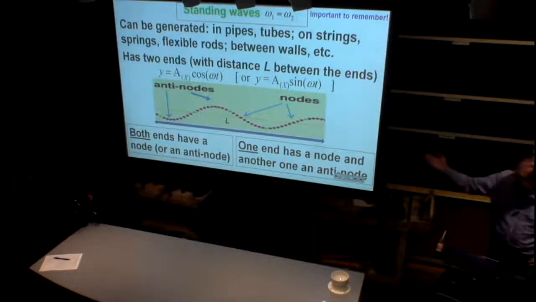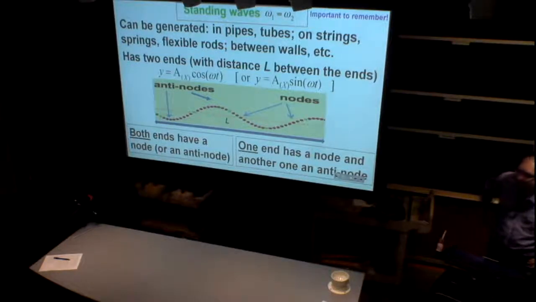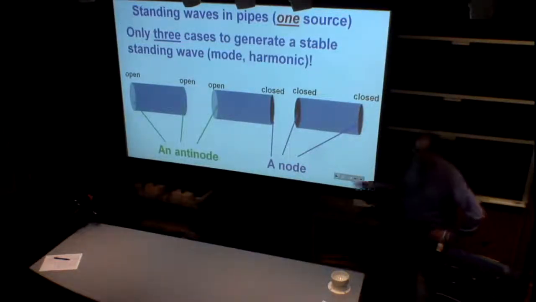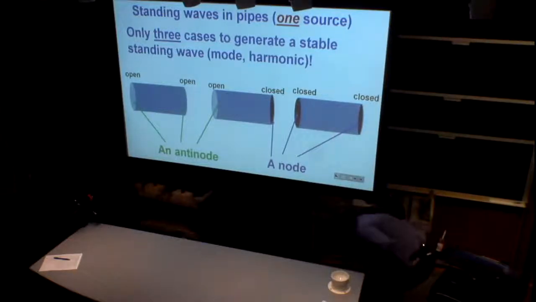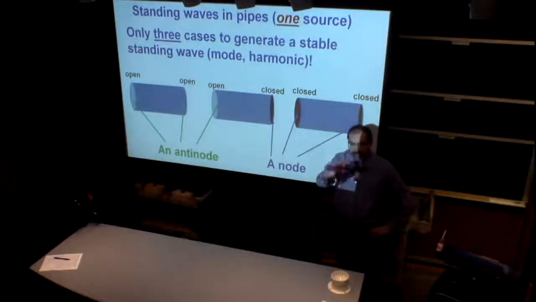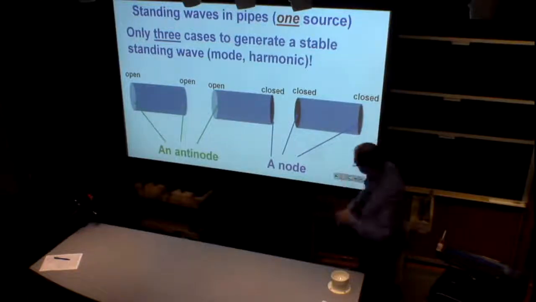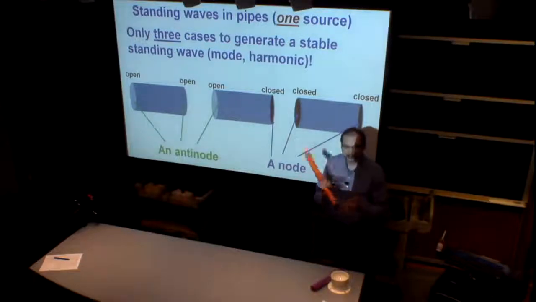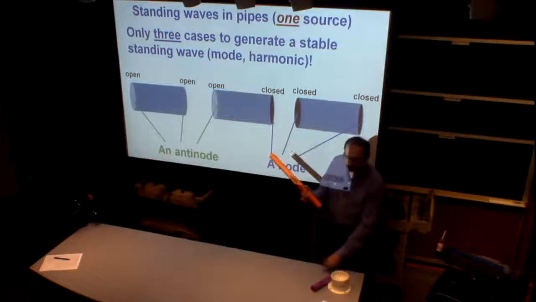Every standing wave has those special points: the points where nothing's happening, nodes or minima, and the points where the wave travels with maximum possible amplitude, antinodes or maxima. And if we talk about waves on a string or in pipes like this one, a pipe open on both ends, or a pipe like this with one end closed, one end open, we can hear the sound changes depending on that.